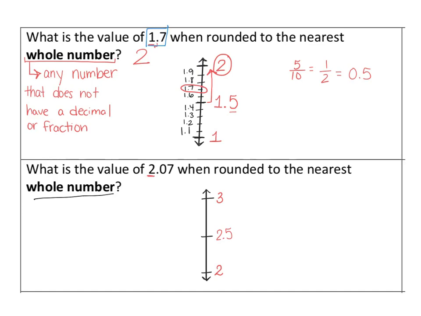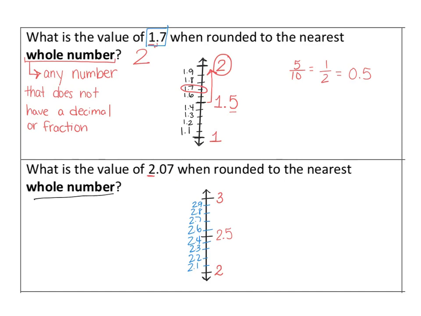So here we will have 2 1/10, 2 2/10, 2 3/10, 2 4/10, 2 5/10, 2 6/10, 2 7/10, 2 8/10, 2 9/10, and then 3 wholes. So you can see this is not on our list of tenths because it's in the hundredths.